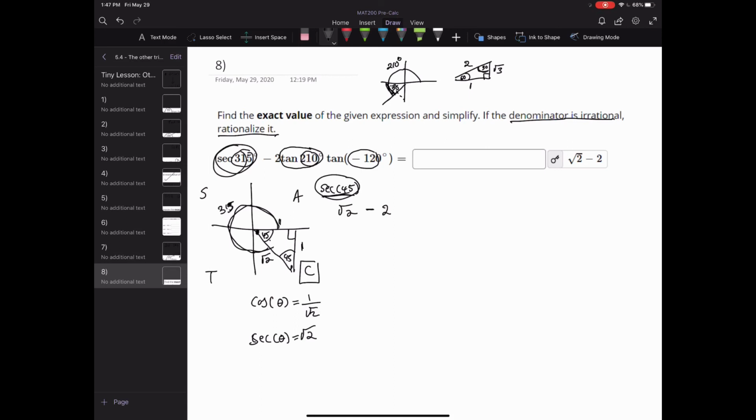So we need tangent. Since it landed here, notice that that was positive, right? CAST. So tangent will be positive there, which is great. Tangent, focusing on the 30-degree angle, is opposite over adjacent, 1 over square root of 3.